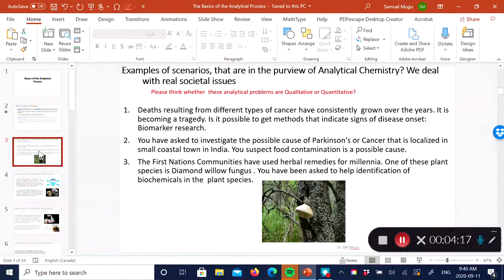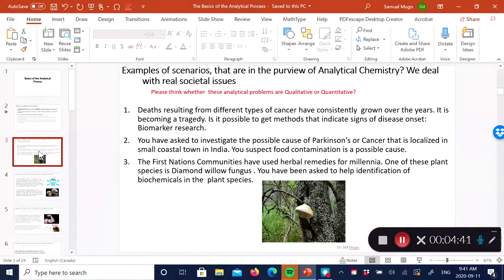And there are lots of players, analytical chemists, who are working on this type of work. Case number two, you've been asked to investigate the possible causes of, say, Parkinson's or even cancers that are localized in a small coastal town in India. And of course, I just took an example.